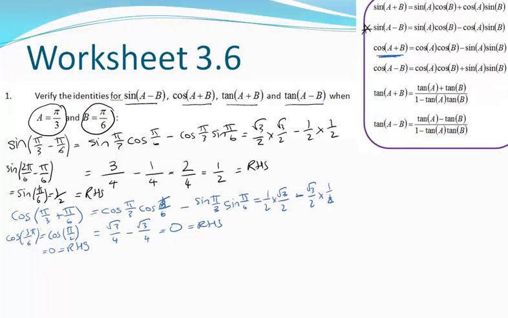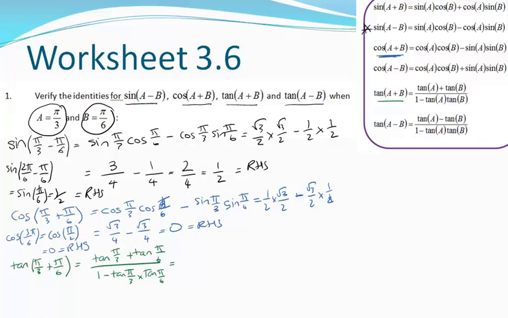Our third equation here is tan of A plus B. So we have tan of A plus B is pi on 3 plus pi on 6. And we look at our formula here, which is equal to tan of A, pi on 3, plus tan of B, pi on 6, divided by 1 minus tan of pi on 3 multiplied by tan of pi on 6.